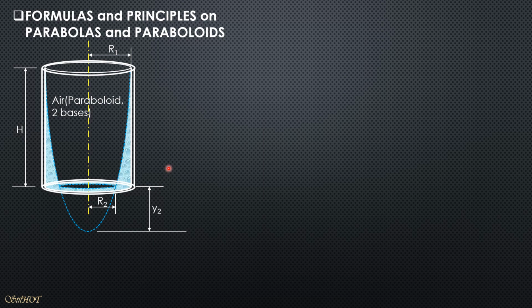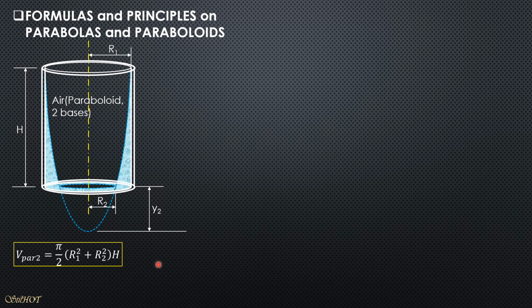So these are the important concepts, formulas that you should be able to set up. So we have a paraboloid of revolution with two bases here. The volume of a paraboloid of revolution with two bases is pi over 2 quantity r1 square plus r sub 2 square times big H. So that's the volume of a paraboloid with two bases. And that is represented by this volume of air which remains inside the cylindrical tank.